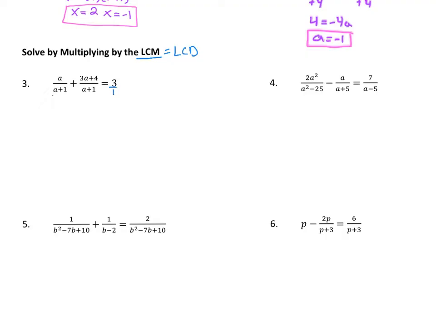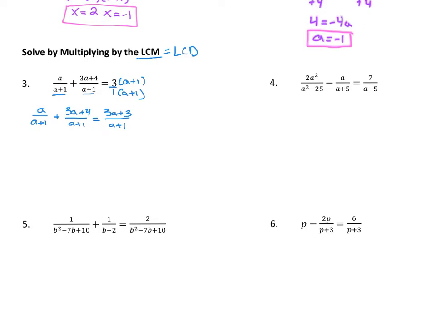As I can see, my denominator on the left side is a plus 1, so I'm going to apply that denominator on the right side. So then my equation will be a over a plus 1 plus 3a plus 4 over a plus 1 equals 3a plus 3 over a plus 1.